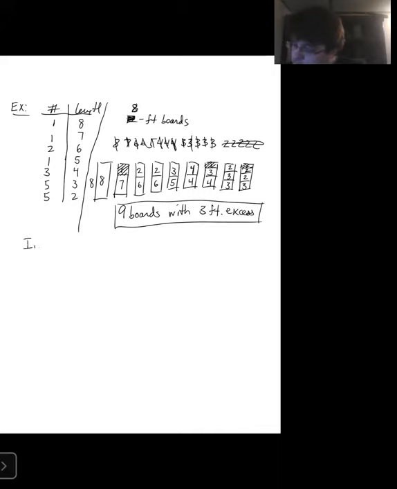So in the previous example, first fit gives the optimal solution because the excess is less than 8 feet in that case.